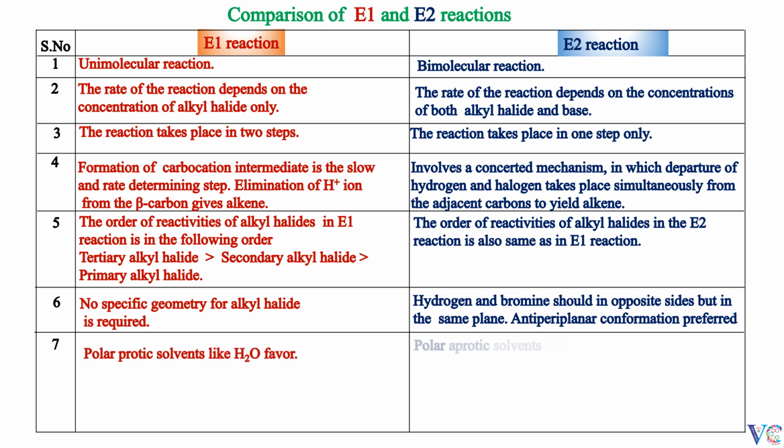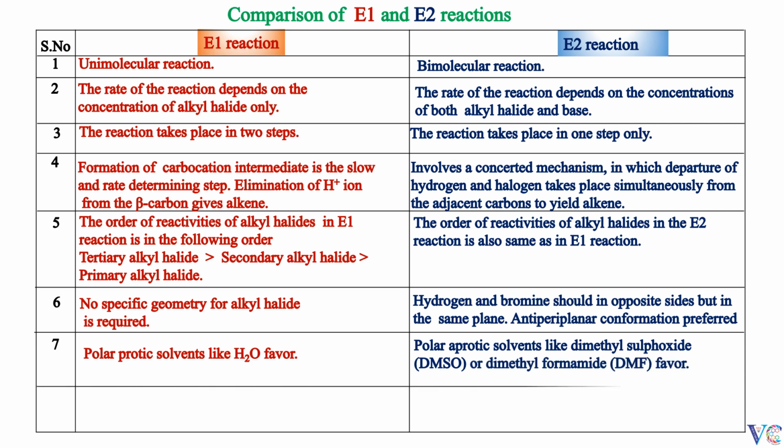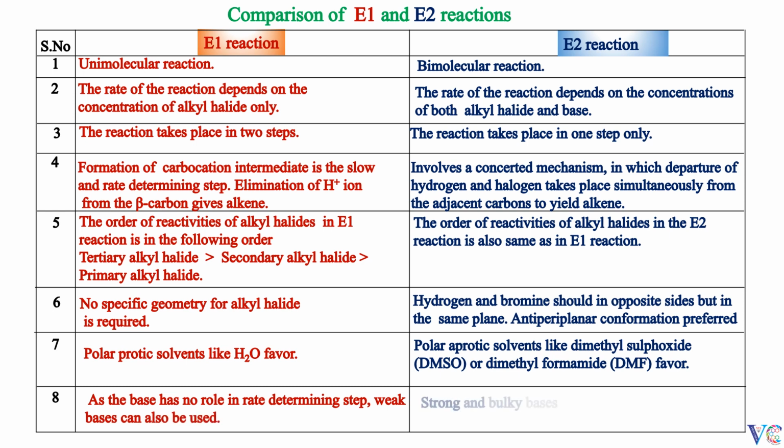Polar aprotic solvents, like dimethyl sulfoxide or dimethylformamide, favor E2 reaction. In E1 reaction, as the base has no role in the rate-determining step, weak bases can also be used. For E2 reaction, strong and bulky bases are preferred.